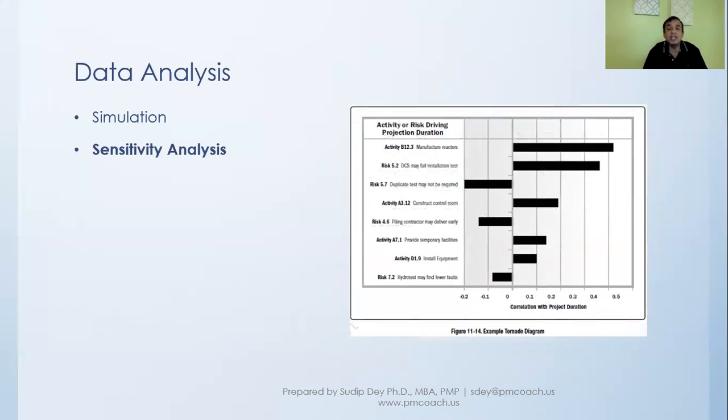So the duration of the project is correlated to this particular risk at 0.5. Similarly, you go from top to bottom, and you can see which has the most impact, which has the least impact, and so on.